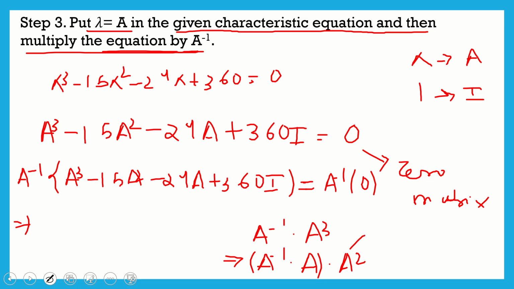It will give the same answer. So let us break it out. I have just told you that A inverse into A will become I into A square. You will get A square. Okay, so nothing to do here.